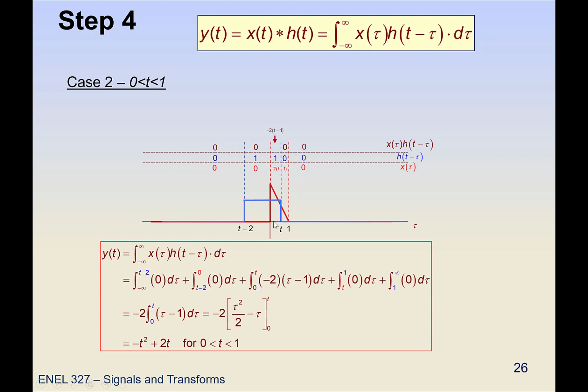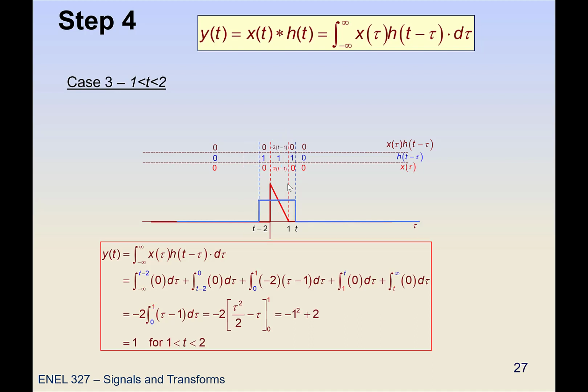And so that case is going to exist as soon as t becomes 0, and it's going to keep going until this blue line gets to here, and that's when t equals 1. So it's happening for t going from 0 to 1. As I keep moving to the right, now I cross over. Okay, and I've still got my 5 regions.